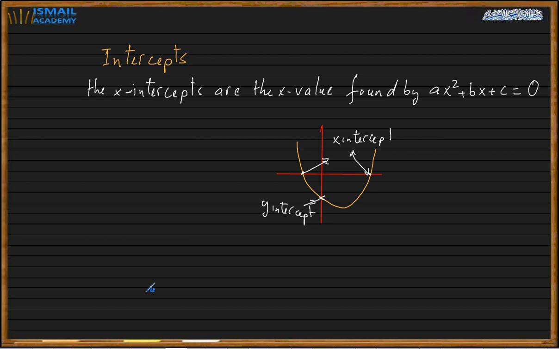So this is about the x-intercept, and the y-intercept is the y value crossed by the graph.